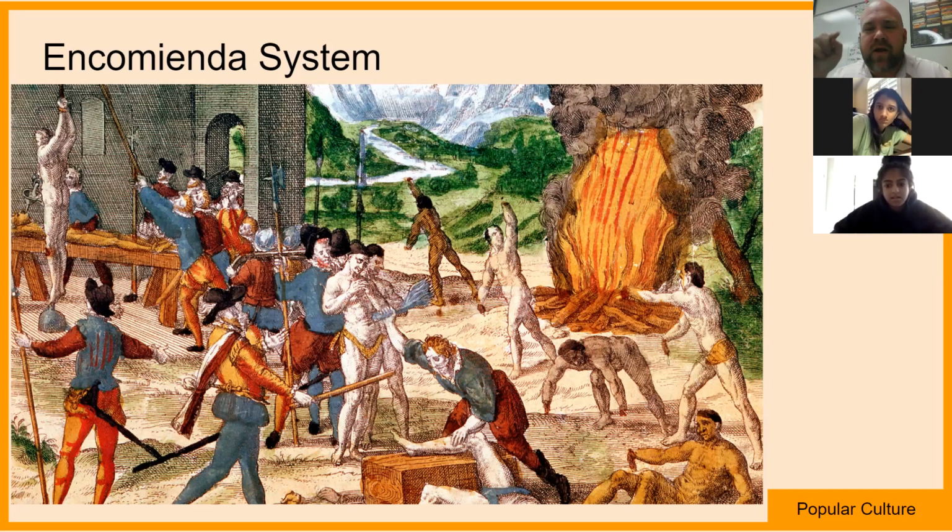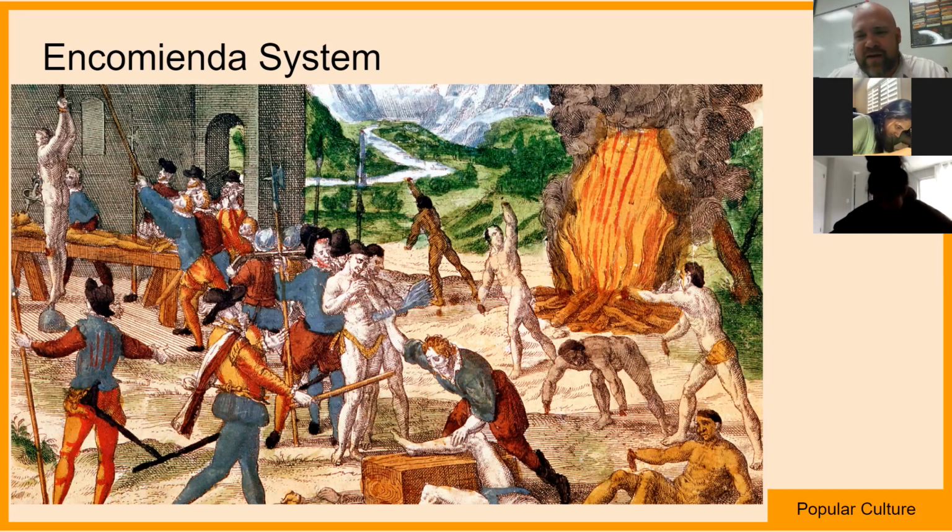Okay? Here's what you need. They're paying the natives in Christianity. That's the payment. You have to work for me. You have to work in my plantation growing my food, and I give you Christianity. Sounds like a sweet deal, huh?